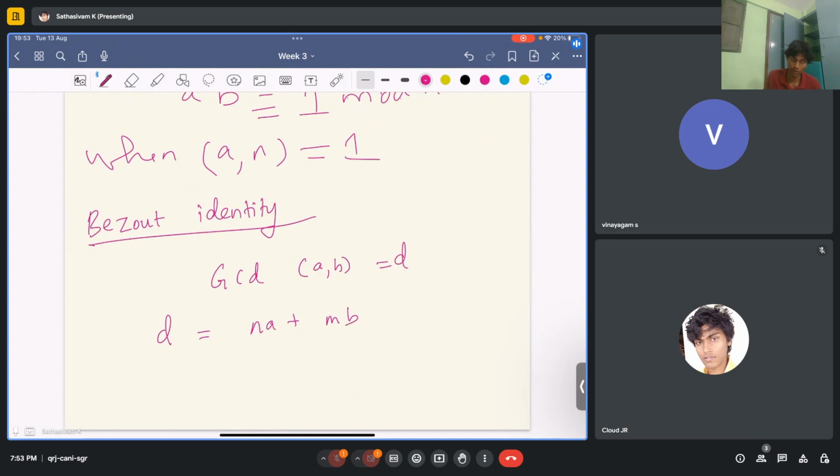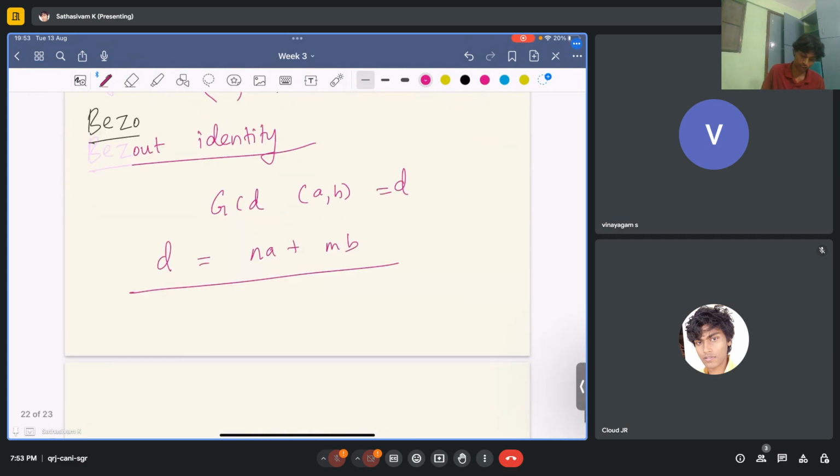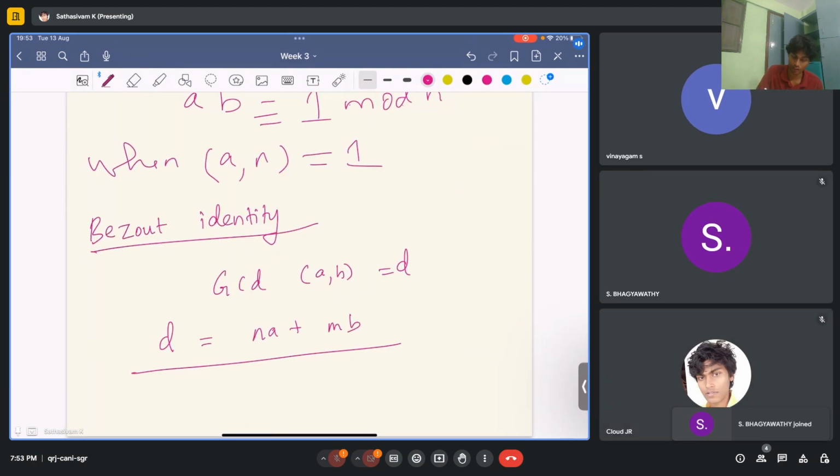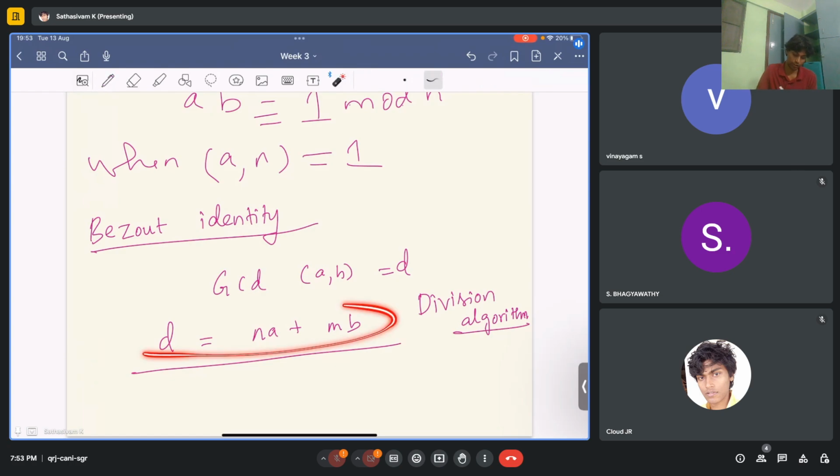Okay, so this is the Bezout identity. This identity I will assume. It comes from the Euclid division algorithm. You do the division algorithm, and as a consequence you get this identity, which is very standard.